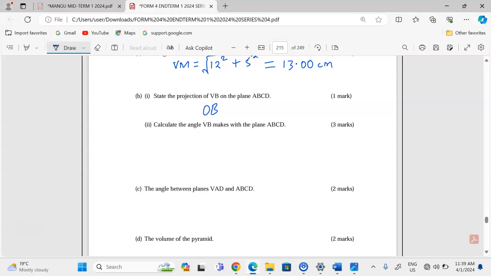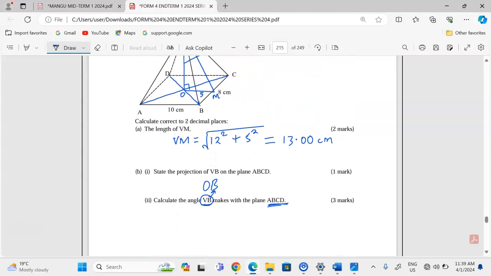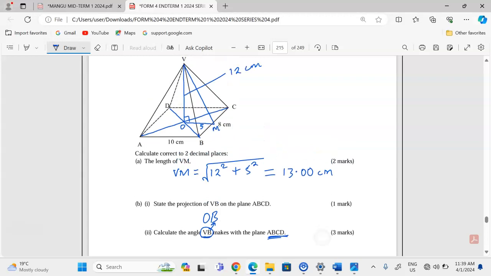Calculate the angle VB makes with the plane ABCD. If a line is making an angle with a plane, then that angle is strictly the angle between the line and its own projection on the said plane. Therefore, we need the angle between VB and its projection, which is OB, on the plane ABCD.